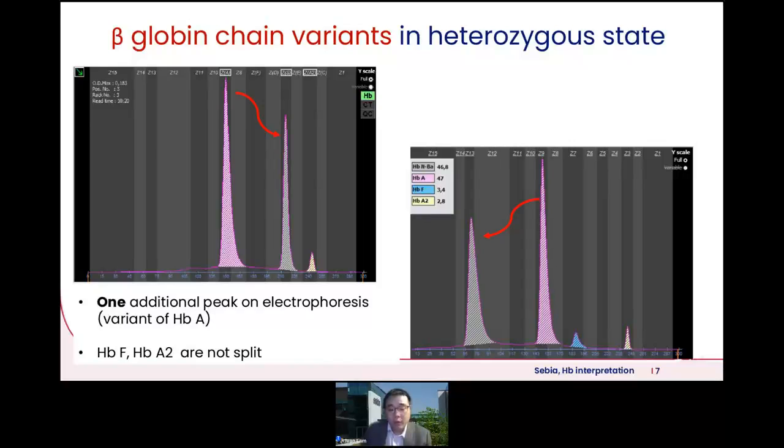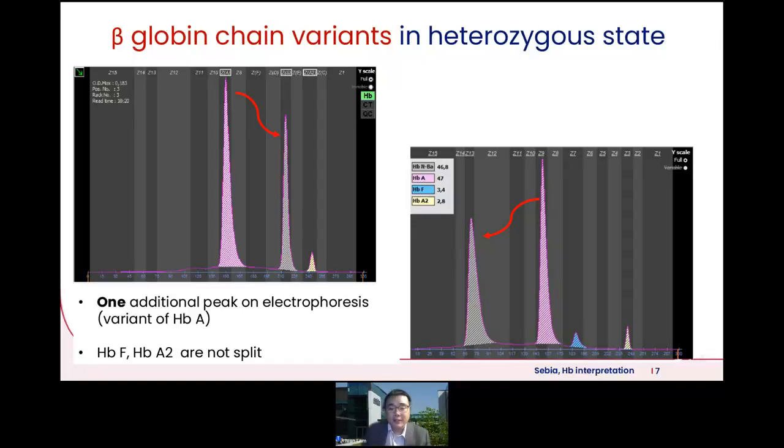It's also almost always the case that the hemoglobin beta variant peak would have a lower percentage than that of hemoglobin A. One good way to remember this would be that because the hemoglobin variant that's being formed would be less stable, likely its composition in the blood will be reduced as well.